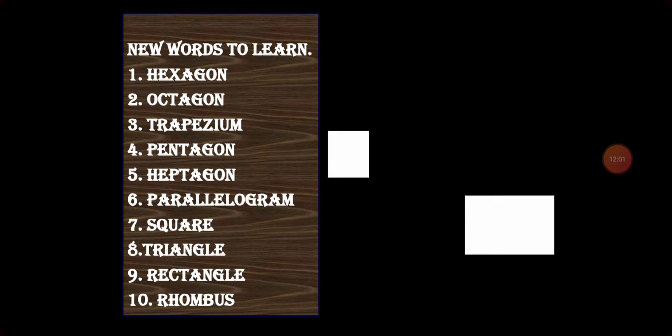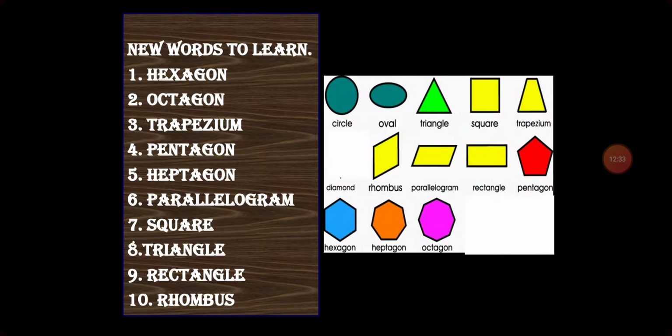Now, while we were learning shape, we learned some new words. Not all of the shapes you heard here today or saw here today are familiar to you. So I like to bring them to your attention. The first one is a hexagon, octagon, trapezium, pentagon, heptagon, parallelogram, square, triangle, rectangle, and a rhombus.